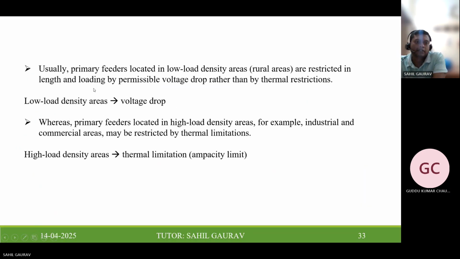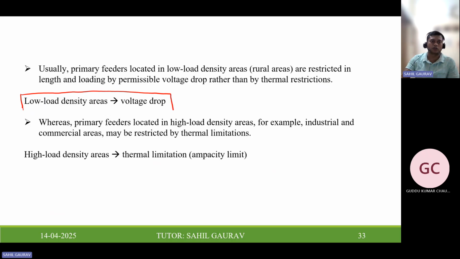Now comes how you can restrict the length of line, by which conditions. For low load density areas, like rural areas, we see the voltage drop. For high load density areas, we see the thermal ampacity of the line, or the ampacity limit.